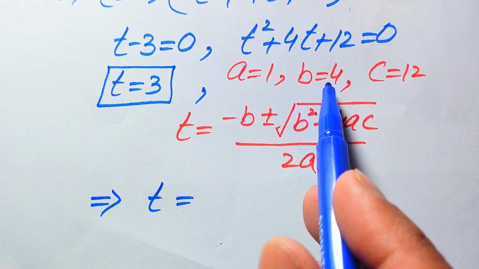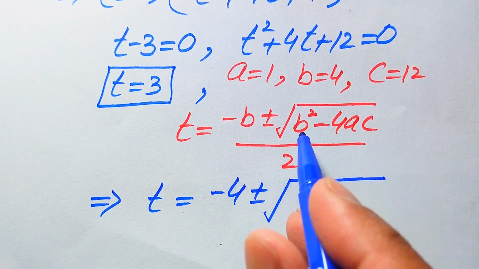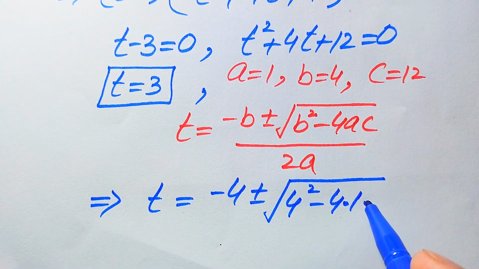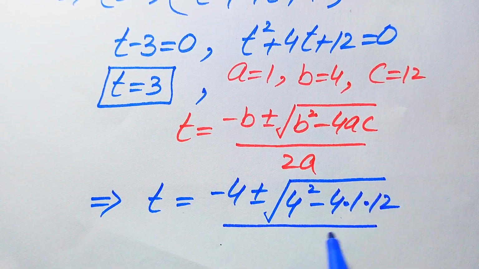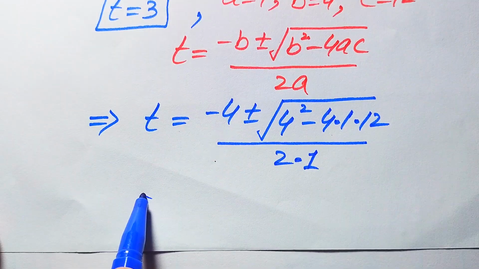When we put the value of b as 4, it becomes minus 4 plus minus square root of b square, so 4 square, minus 4 times a is 1 and c is 12, divided by 2 times a, and here our a is equal to 1.